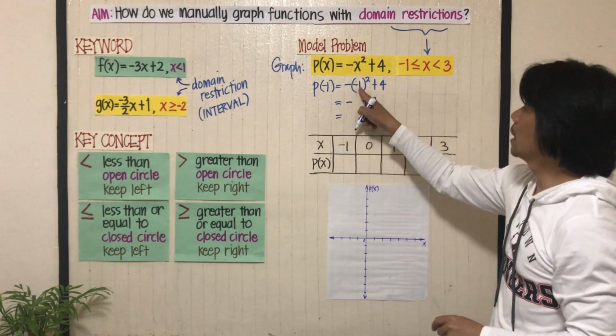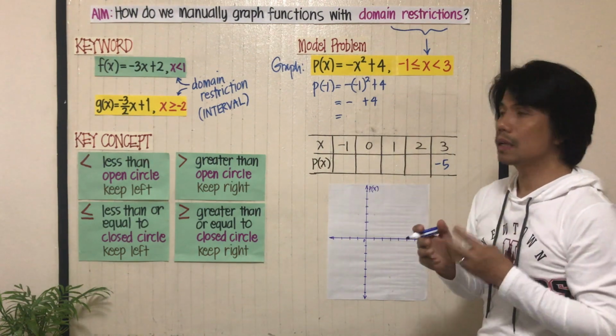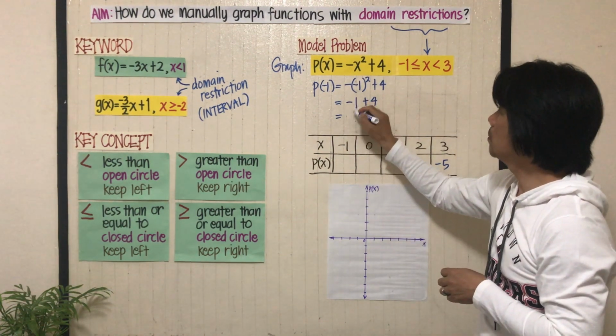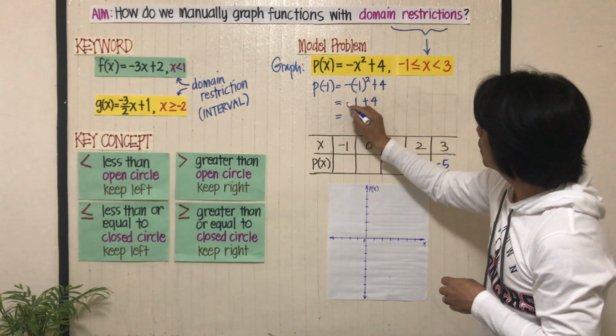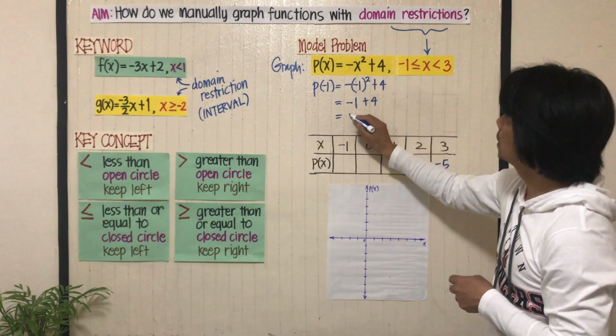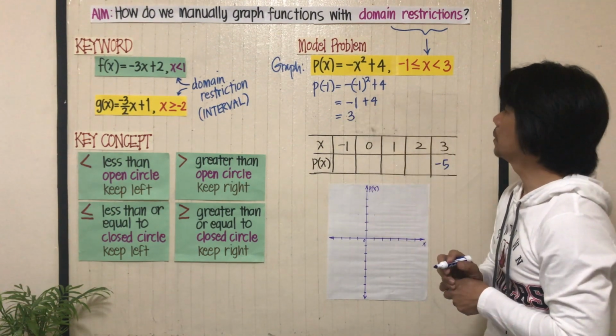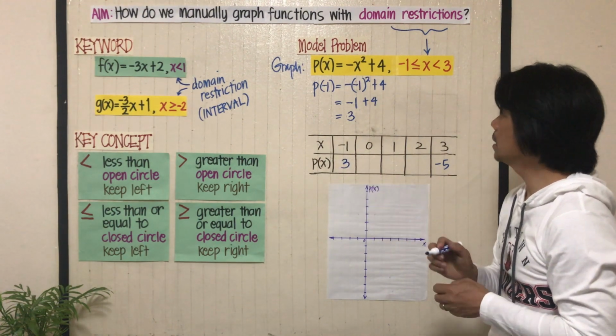So -1 to the second power, meaning -1 times -1 is +1, and then we keep that negative in front of 1, plus 4, which is +3. So this is +3.